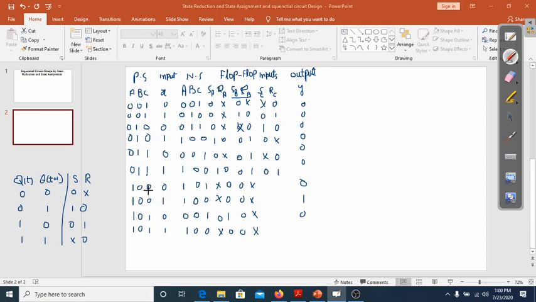Present state is 0, next state is 1, so here 1 0. Present state 0, next state 0, so set is 0 and don't care. Present state 1, next state 1, so this is the don't care and this is 0. Present state 1, next state 0, so this is 1 0.